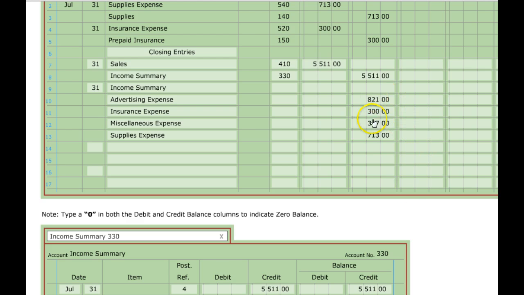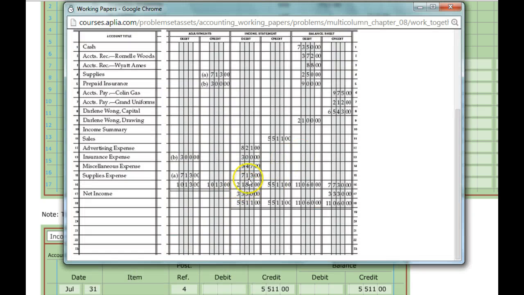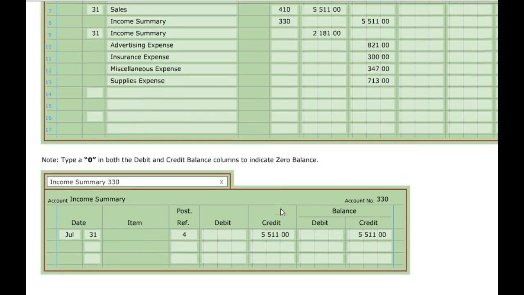Now you could add all of these up to put your debit entry here, or you could take a look at your worksheet, and when all of these are added up on the worksheet, it equals 2,181. So we're going to put down 2,181. Okay, so then once again, we're going to go through and post everything.